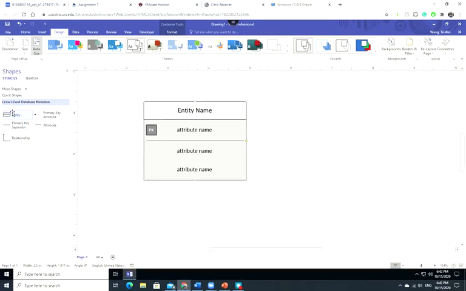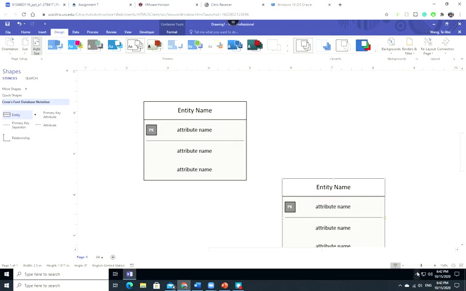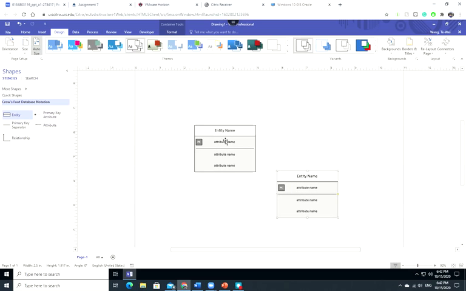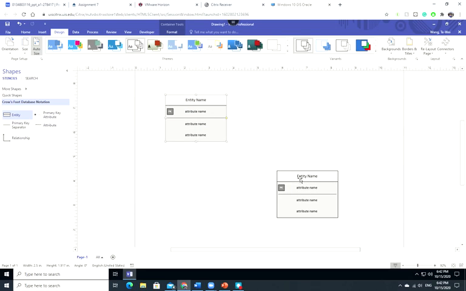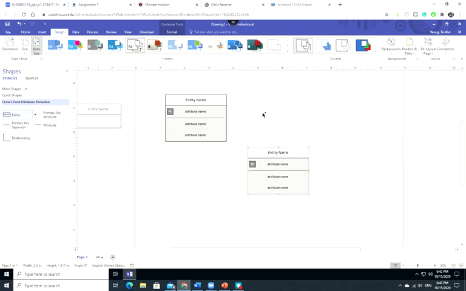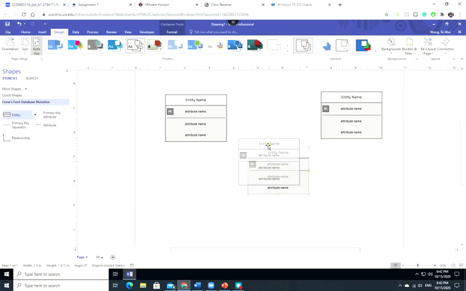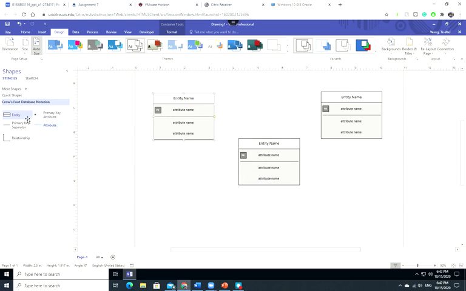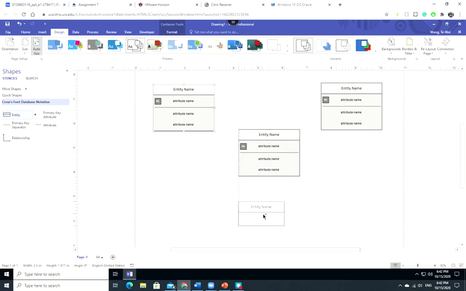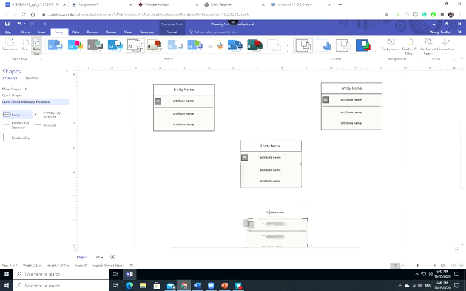So very quickly we have to create 1, 2, 3, 4. And so this will be assignment. And I'm not going to be very specific about the assignment attributes.